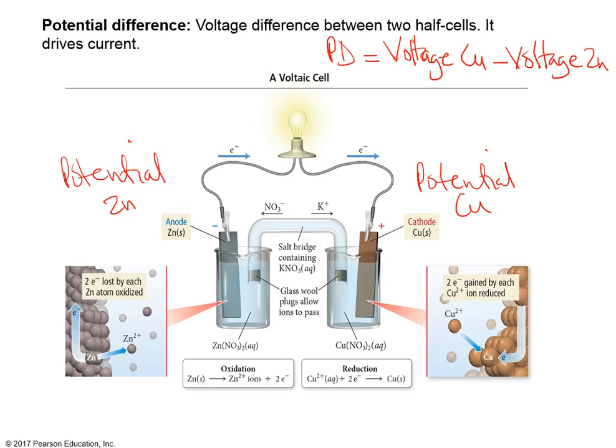So when you have a cell like that one, the potential difference is known as electromotive force. In other words, EMF.